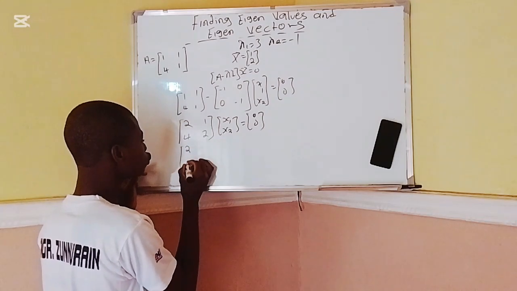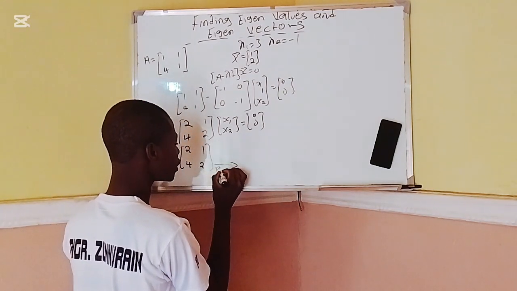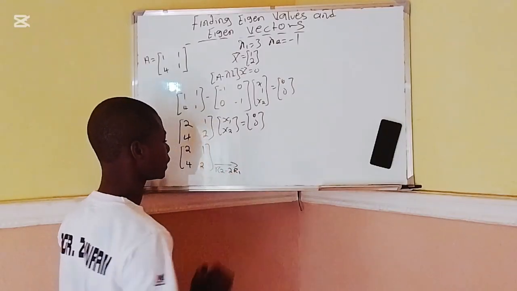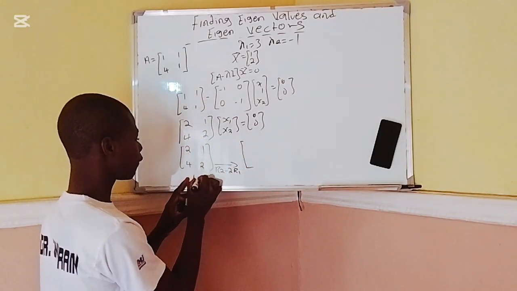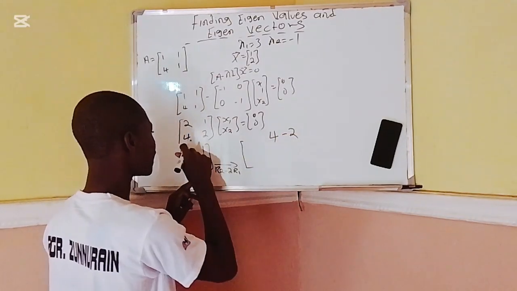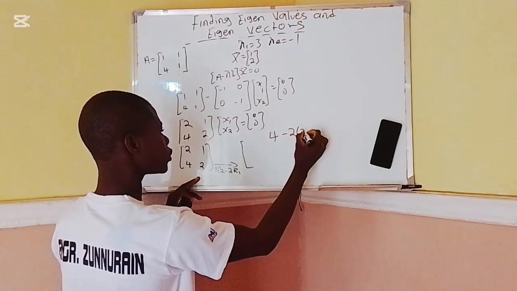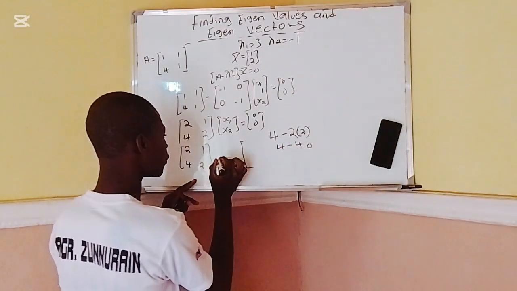So therefore, for the 4 and 2 in row 2, I have to say row 2 minus 2 row 1. Row 2 is 4, and therefore minus 2 multiplied by row 1, which is 2. Therefore, 4 minus 4, yes, it is 0. We get it right.